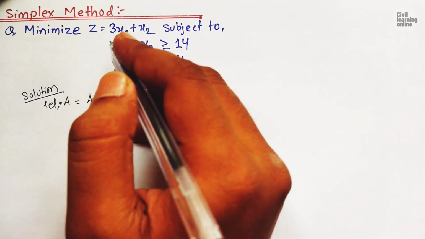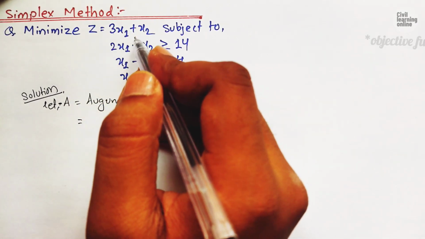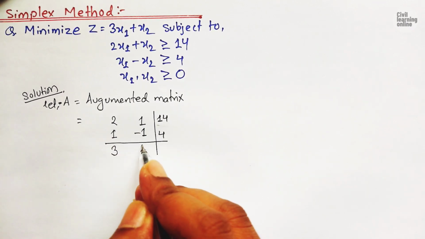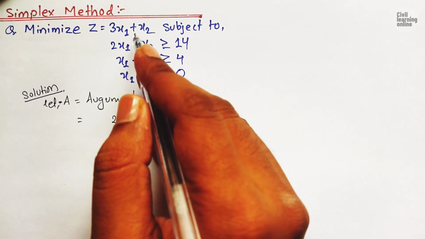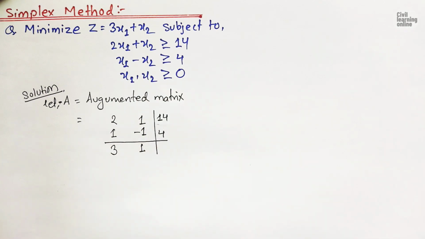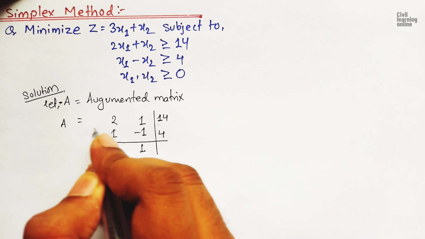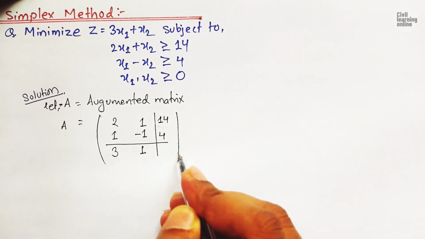And now the elements of the objective function, that is 3 and 1, sorry, here the coefficient is 1. So we have A equal to this augmented matrix.